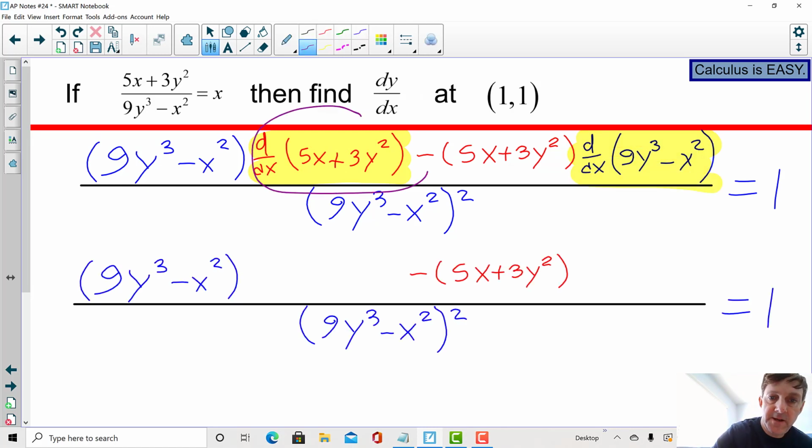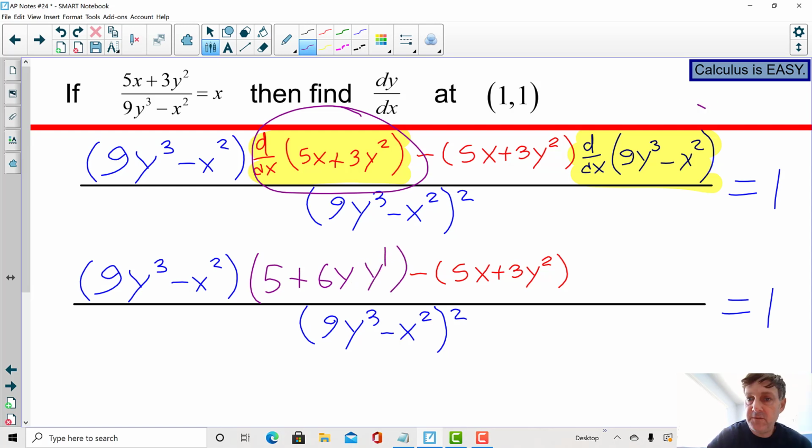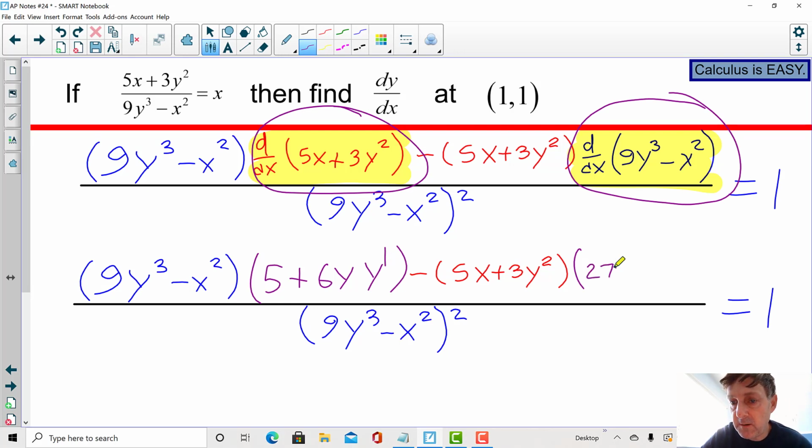Okay, for this derivative right here, derivative of 5x is going to be 5. The derivative of 3y squared is going to be 6y, and then y prime. For this derivative over here, the derivative of 9y to the third is going to be 27y squared, and then y prime. And the derivative of minus x squared is just going to be minus 2x.